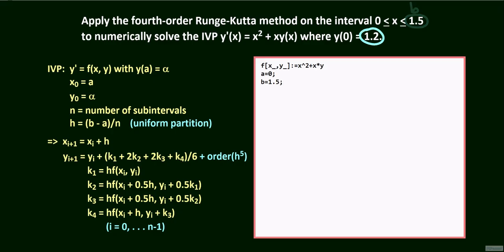The initial value of y, or y of 0, is alpha. Alpha is 1.2. For the first trial, we set the number n of subintervals equal to 15. H is equal to (b minus a) all over n. X sub 0 equals a. Y sub 0 equals alpha.